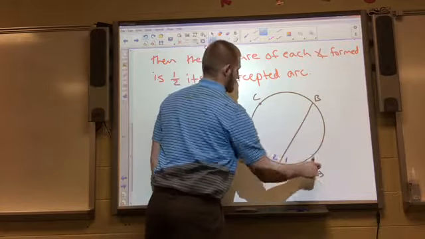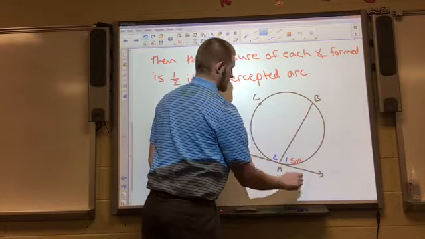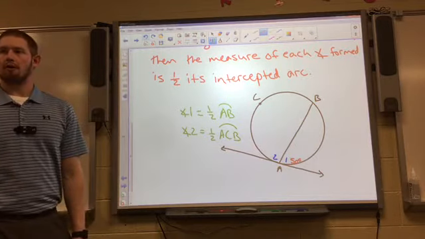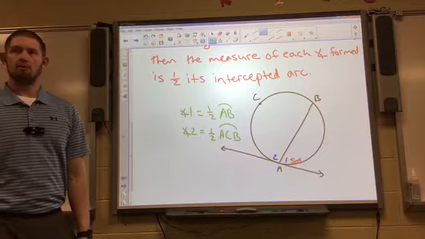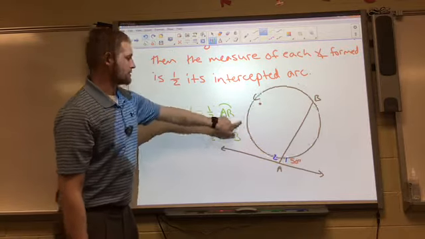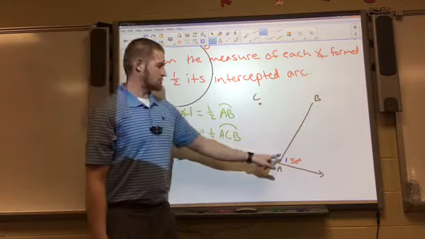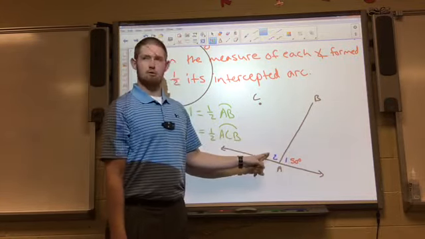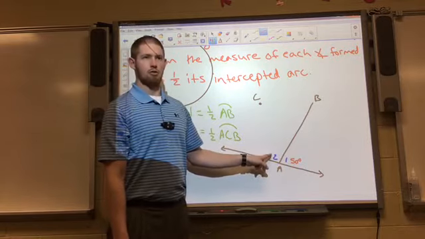Could I then, if I knew this was 50 degrees, should I be able to find angle 2? Why, McKenna? Or how? Right. So even if I thought of it, without this circle, those 2 angles form a linear pair, right? Okay, so what's this angle? 130.